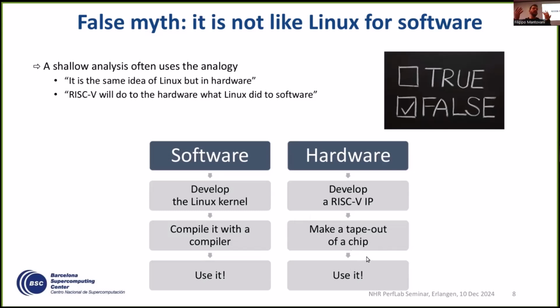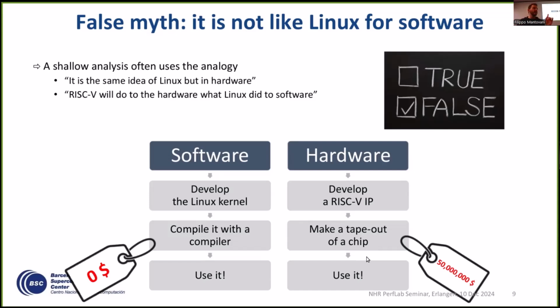So from a high-level point of view, it seems the same, but there is a price tag, right? If we discount the hours of the engineers working behind, the development level has a price, and we assume that it's the same price for software and hardware people. But there is this big price tag that is attached to making a tape out.